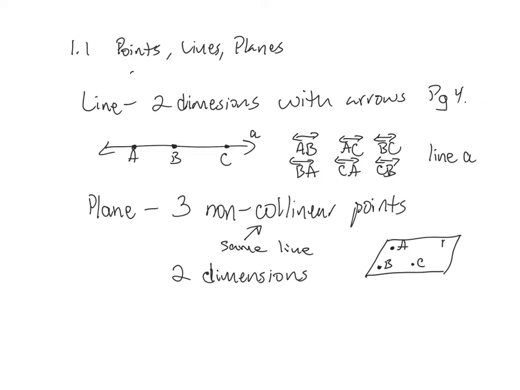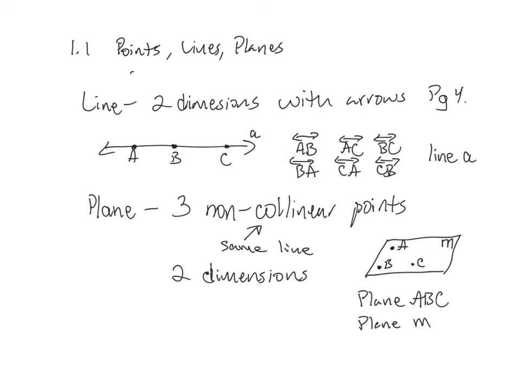And every once in a while, you'll have another letter off in the corner, but you notice there's no point next to it. So we could label this as plane ABC, or actually the order doesn't matter, so scramble up the letters as much as you want. Or we could say plane M, just using the one letter that's off in the corner.